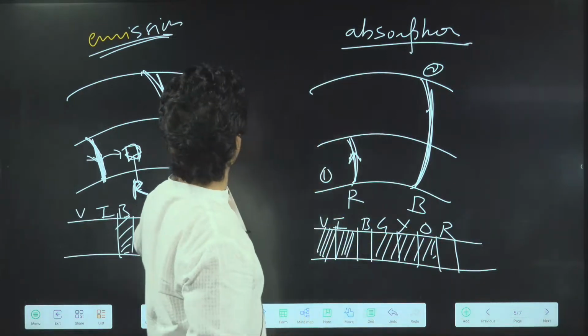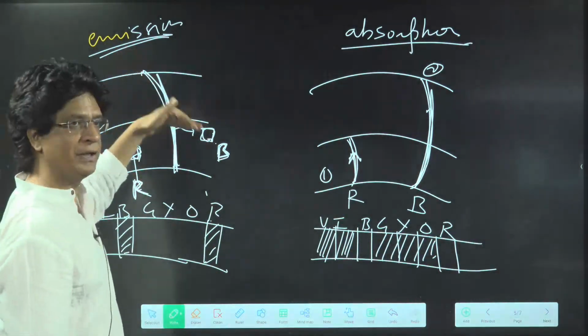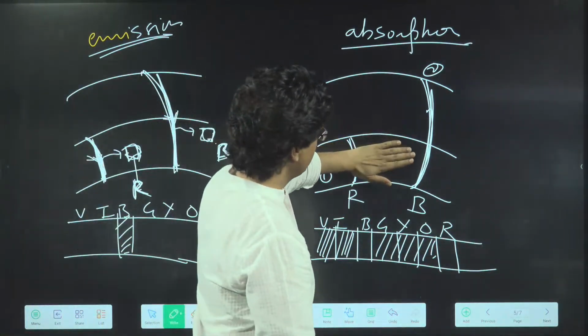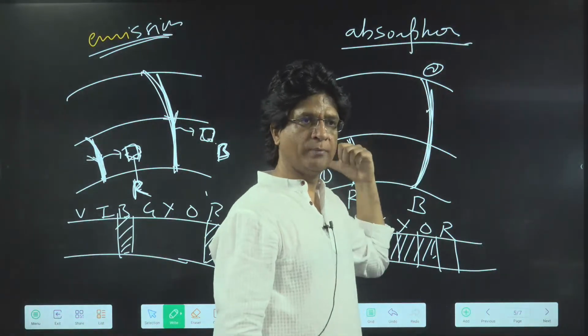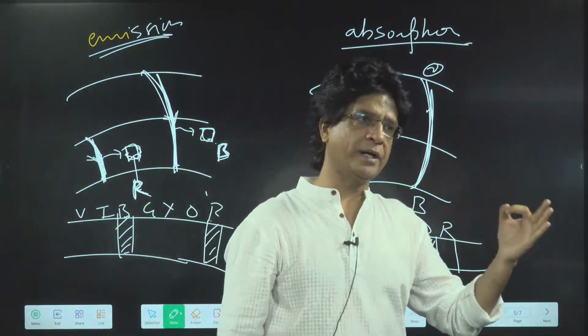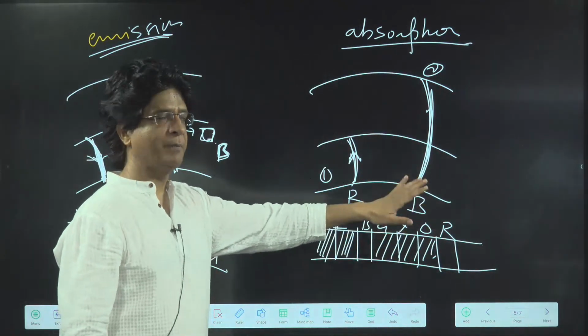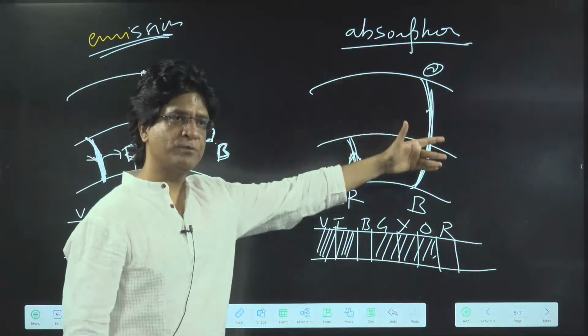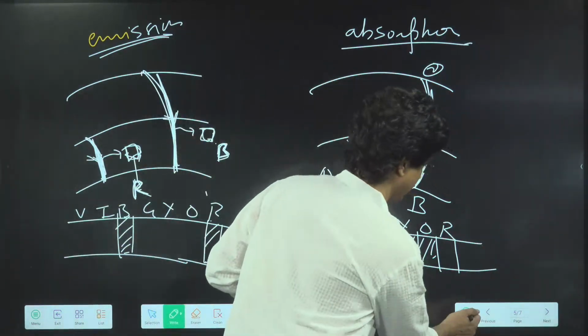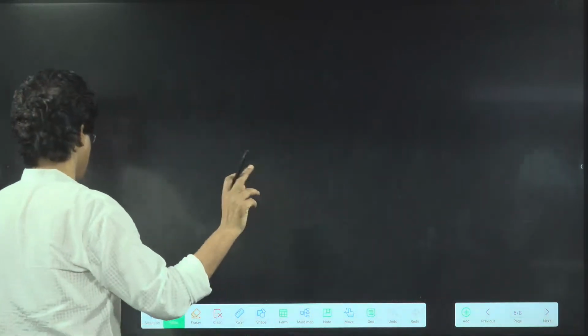The emission spectrum will be formed when the electron falls from a higher to a lower orbit, and the absorption spectrum will form when they go from a lower to a higher orbit. They are both photographic negatives. The colors you will see here will be absent out there. That's the basic difference between the emission and the absorption spectrum. Correct, they are complementary.